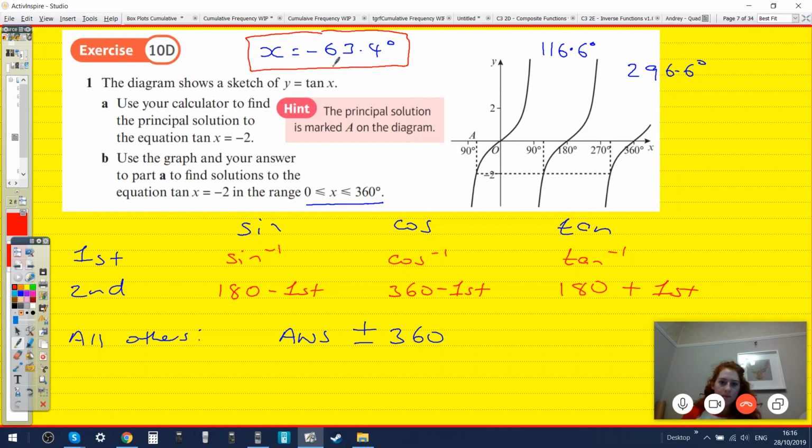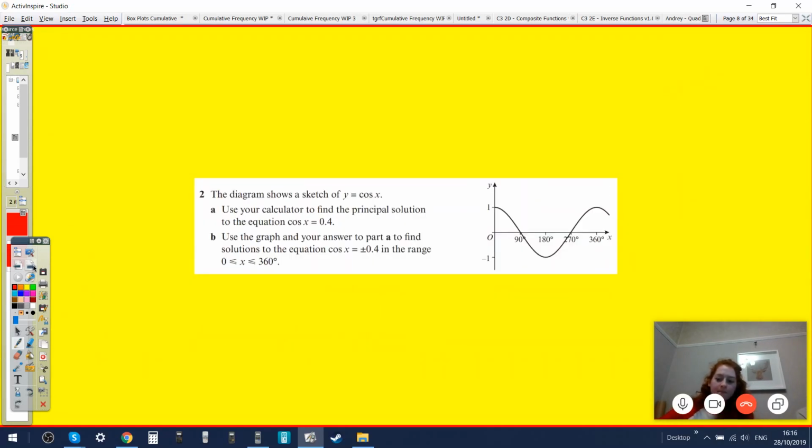So you can add 180 to it, you can add 360 to it to get additional answers within the range. Any questions there? No. Okay, and every trig equation that you do, this is how you do them. You might have some extra work to do, like you did at the start, dividing both sides by 5, that type of thing. But that's it.